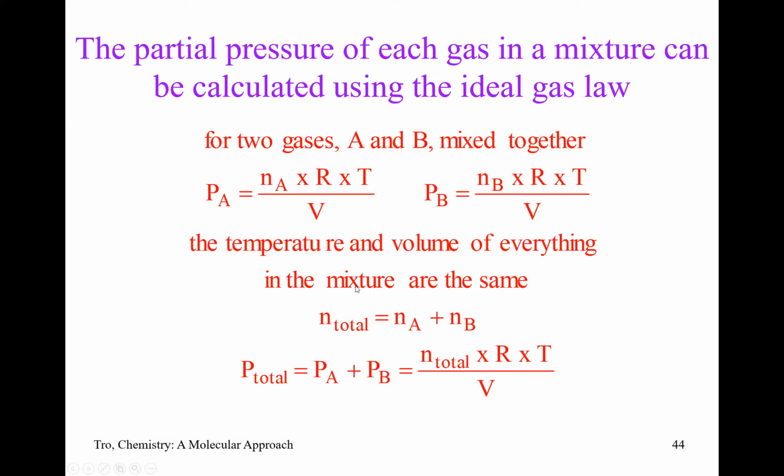Okay, so let's say you have two gases, call them A and B. The pressure, just rearranging the ideal gas law for A, is then equal to nA R T over V, right? And the pressure of B is moles of B, R, and T over V. So the only thing that's changing here is the number of moles, right? Imagine you had two gases in a balloon.